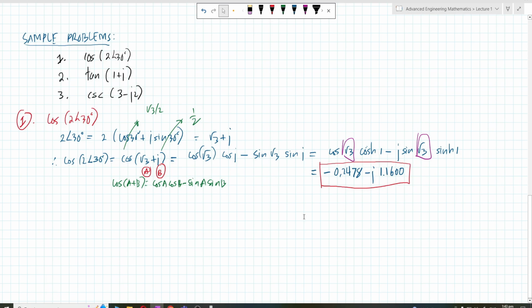Okay, let's proceed to number 2. The tangent of 1 plus j. Guys, I will give you 2 ways to solve this. Pero yung first method, syempre, mas mahaba lang to.